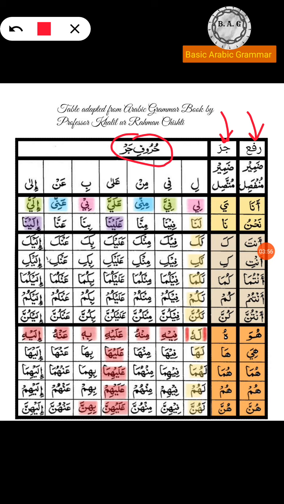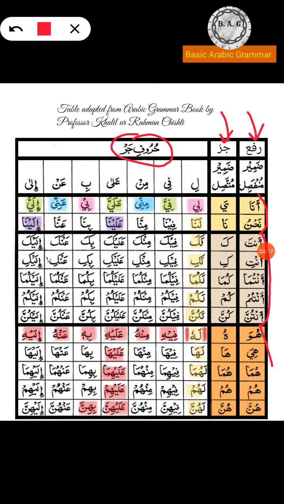Next we have mutakallim, or the first person here. First person is I, we. Then this block over here is your second person, mukhatab, the one to whom you're talking, so you and all of its variants.